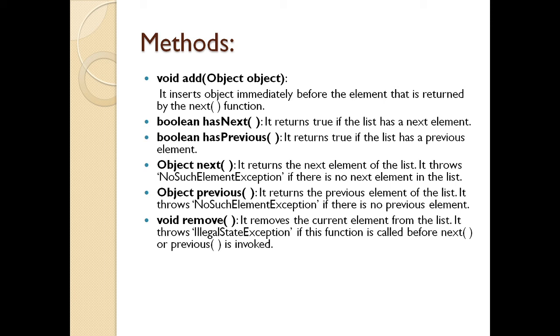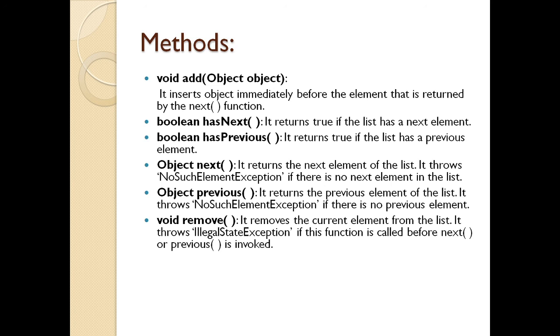Boolean hasPrevious returns true if the list has a previous element. Object next returns the next element of the list and throws a NoSuchElementException. Object previous returns the previous element and in a similar manner throws a NoSuchElementException if there is no previous element. The void remove method removes the current element from the list if this function is called before next or previous is invoked.